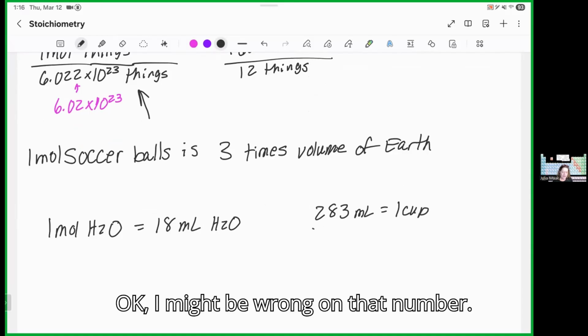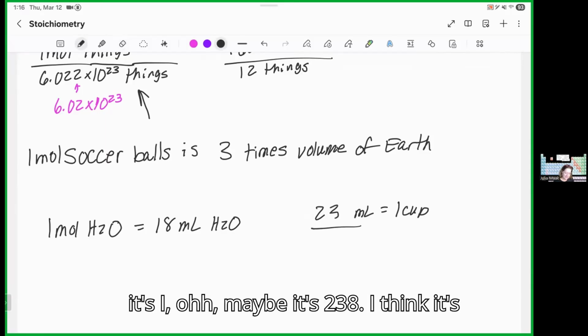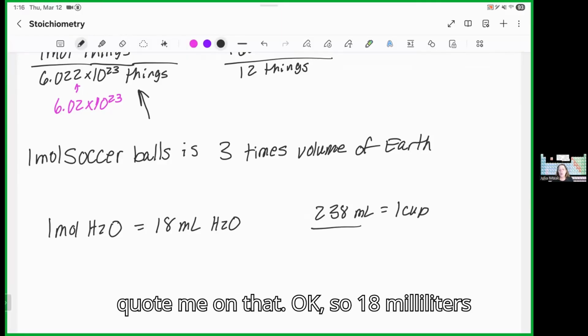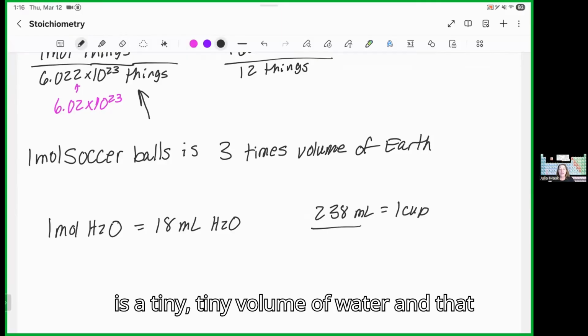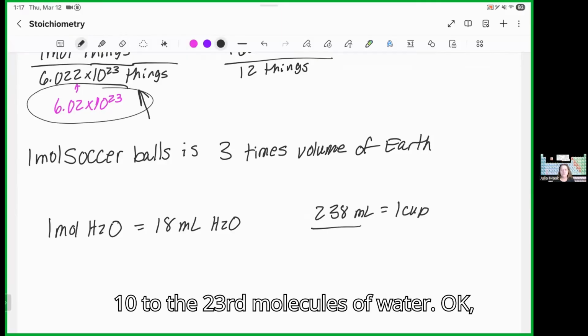I might be wrong on that number. Don't quote me on that. But I think it's less than 250. So 18 milliliters is a tiny, tiny volume of water. And that is a mole of water. That is 6.022 times 10 to the 23rd molecules of water.